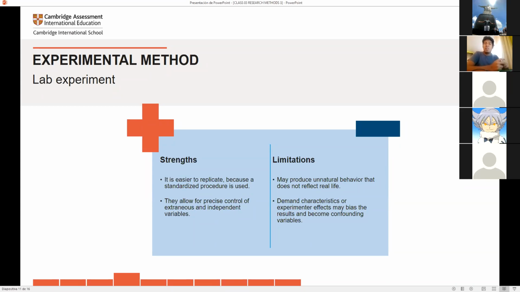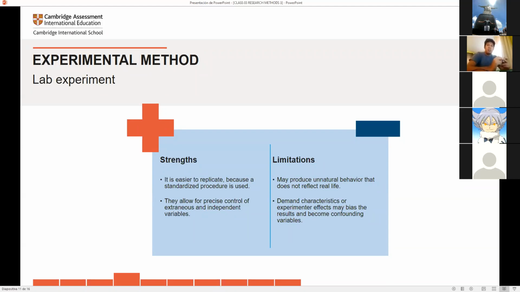One very good example of the experimental method is the Milgram study of obedience, or even the Loftus car crash study experiment, where they made a group of people see 7 videos of car crashes, and then they asked questions with a questionnaire, right, in order to build the statistics.